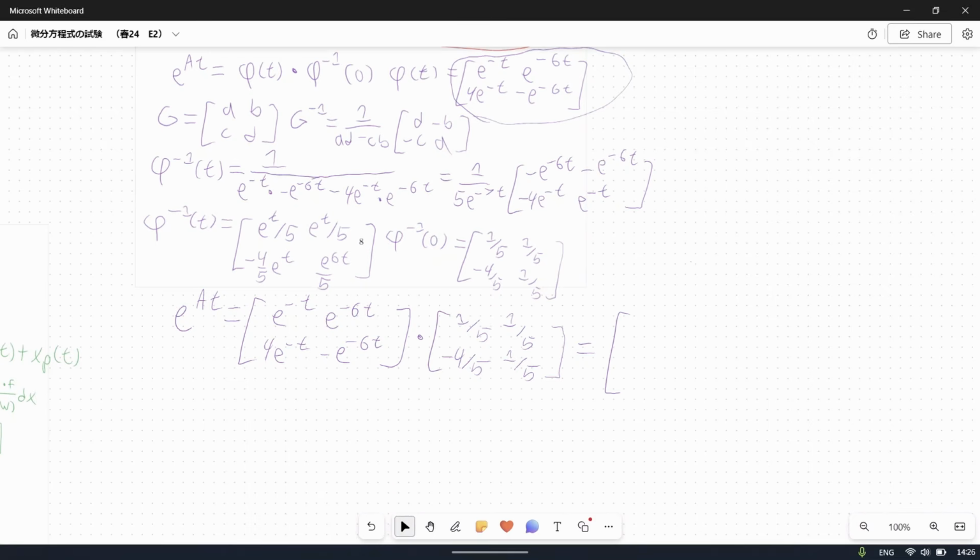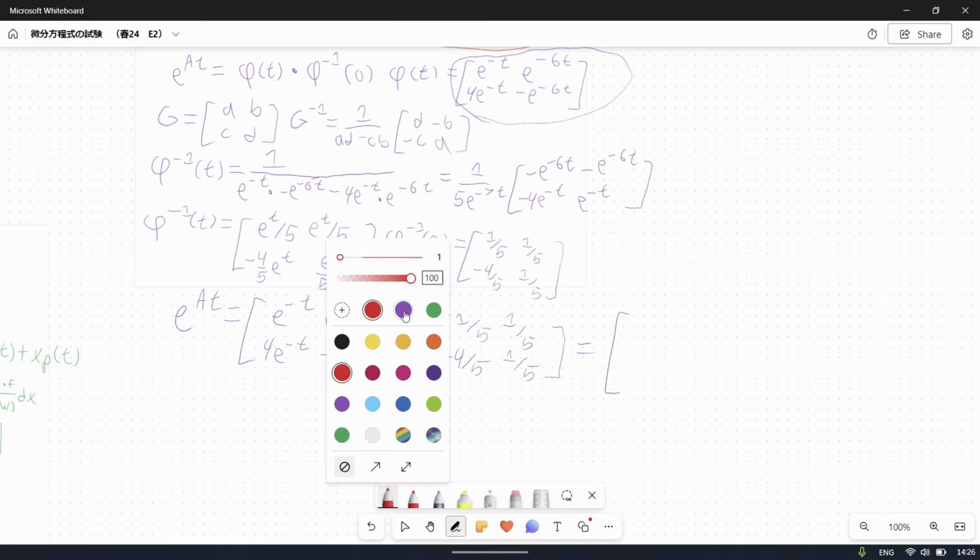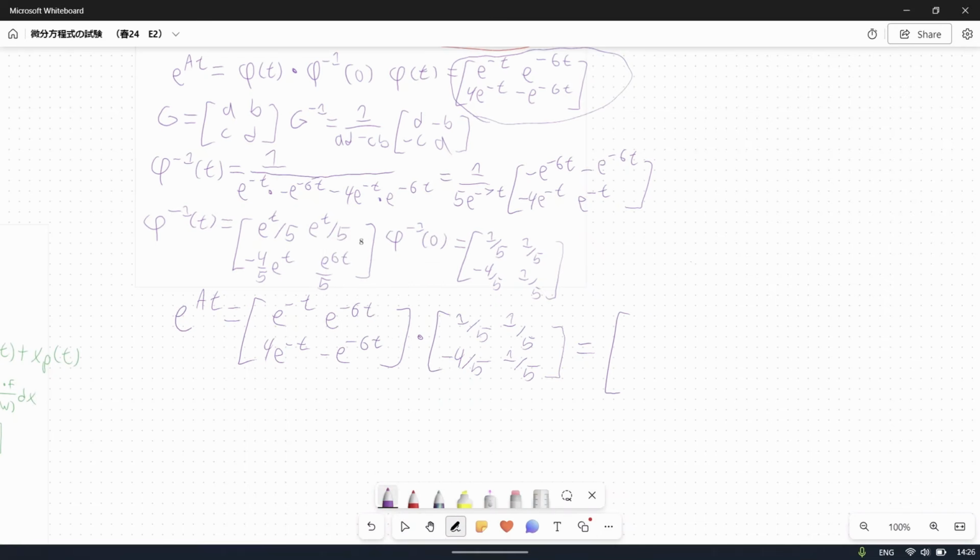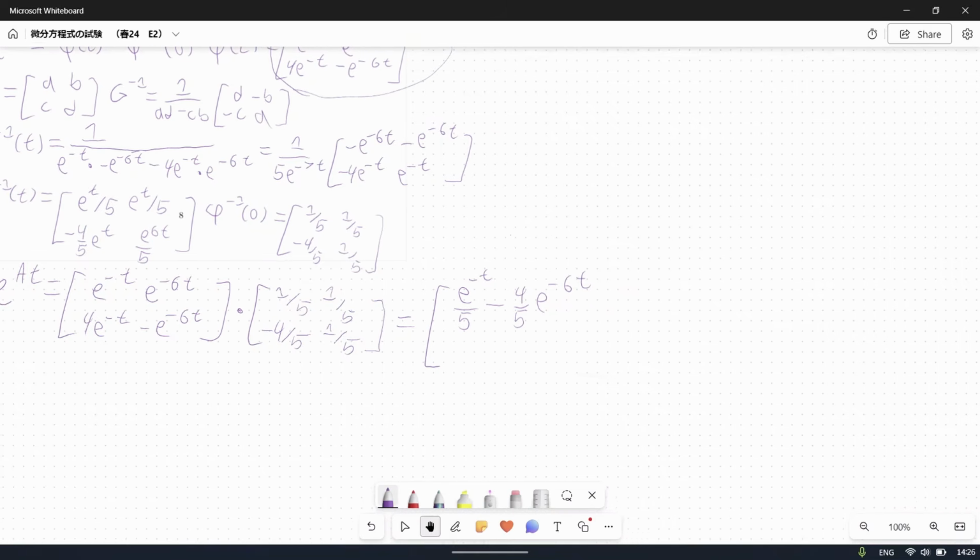Actually, you know what? I think we can just use one color for this. So we end up with e to the negative t over 5 minus 4/5 e to the negative 6t for our top left term.